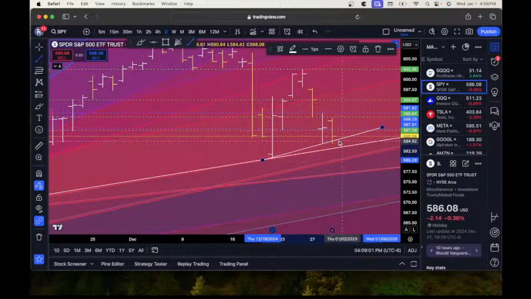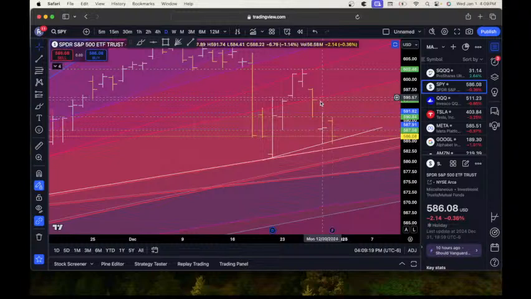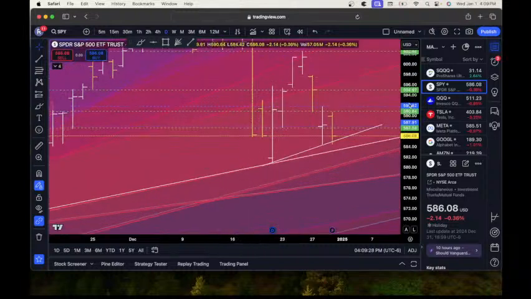But once a level is normally broken, I might leave it there for a day or two just to see how the prices react off of it once the pattern's been broken, and then we continue to play on those old levels. So now that I have my Ganfan, I got my levels marked out, I got an immediate trend on the daily. Now it's time to start doing a little bit more detail.